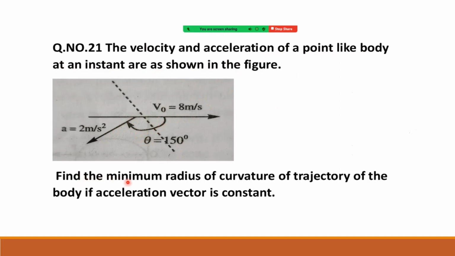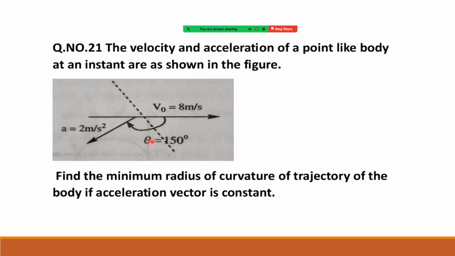Find the minimum radius of curvature of trajectory of the body if acceleration vector is a constant. Students, if you observe, we can compare this with oblique projectile where acceleration equal to g, which is a constant. The only thing is in the place of g, take now a equal to 2 meter per second square, because condition given, acceleration vector is a constant.